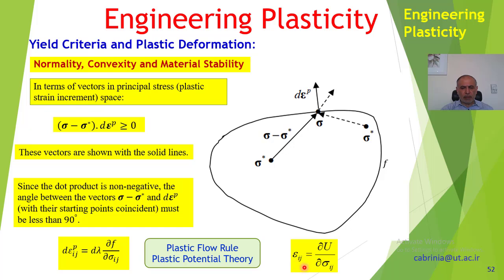So we call this plastic flow rule or plastic potential theory. And note that here this is dependent on f, so we call it associated flow rule, associated because it is associated with the yield surface. So here we have proven that d epsilon p must be perpendicular to the yield surface.